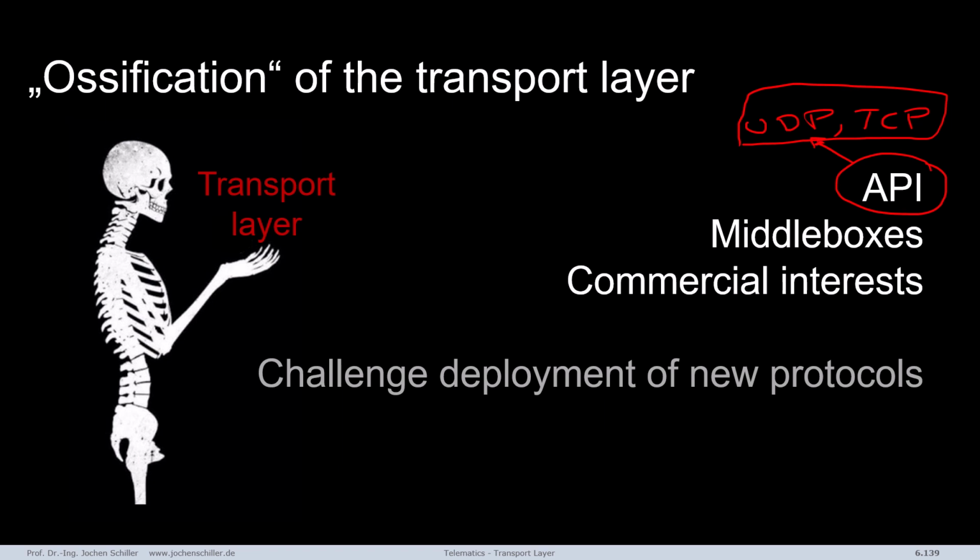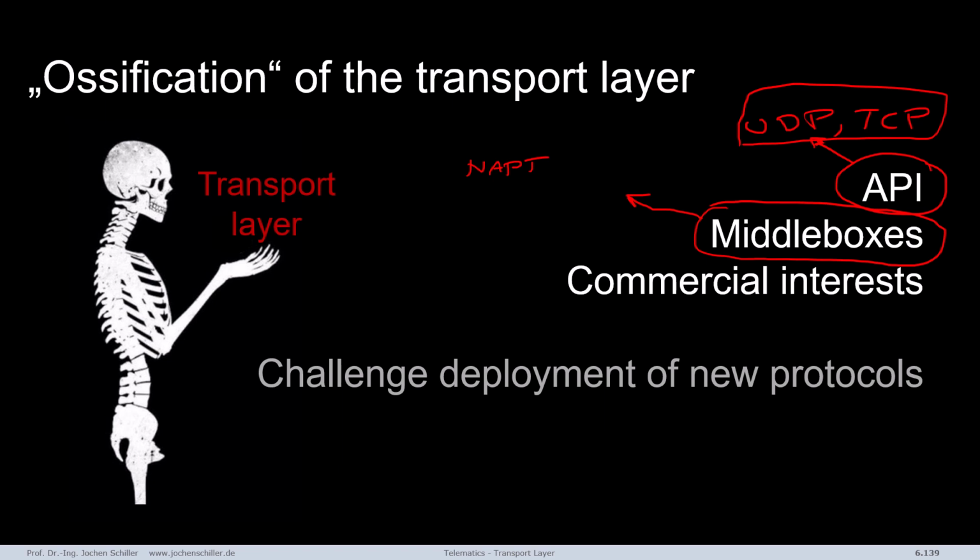What else? Now we'll have a closer look into this. They are the so-called middleboxes. We touched on this already in the context of NAT, network address translators. Those middleboxes also assume something about the transport layer. Remember, for example, they do network address and port translation.